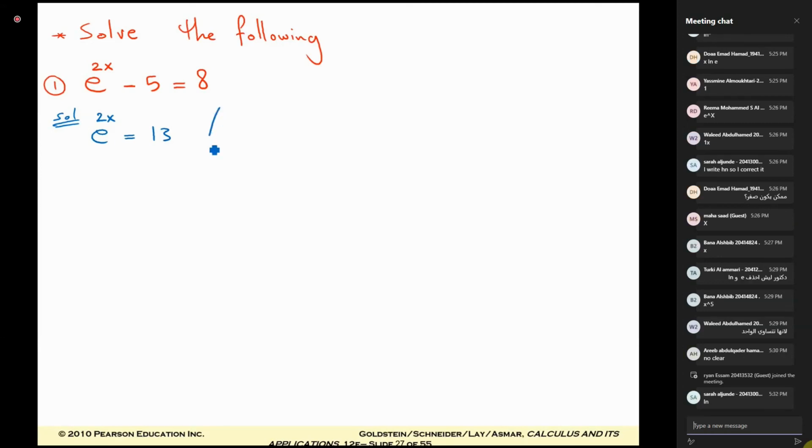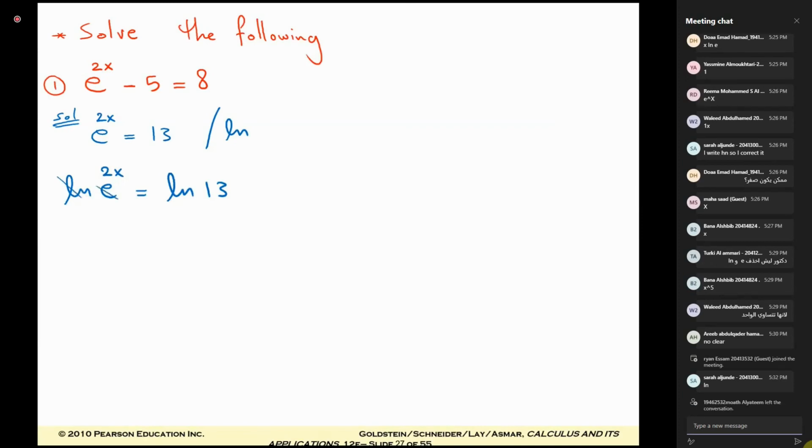So take the ln for both sides. If we take the ln of e to the power 2x and the ln of 13, now we can remove the ln with e.